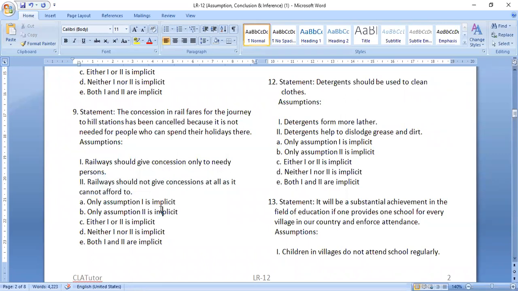So now just take your time, take a minute, and let me know what your answer would be. If I change that to railways should not give concessions at all, as it cannot afford to. Let's read the statement again. It says that the concession in railway fares for the journey to hill stations has been cancelled because it is not needed for people who can spend their holidays there.